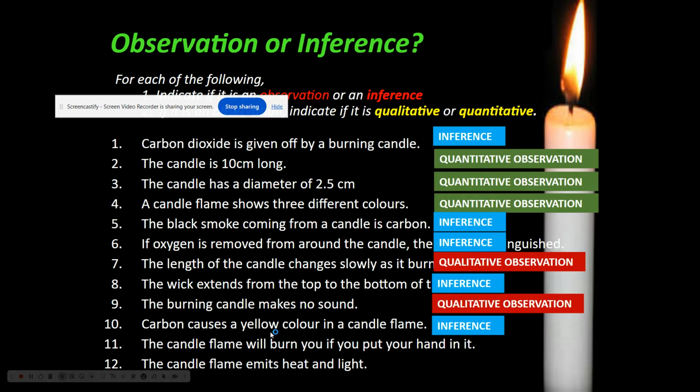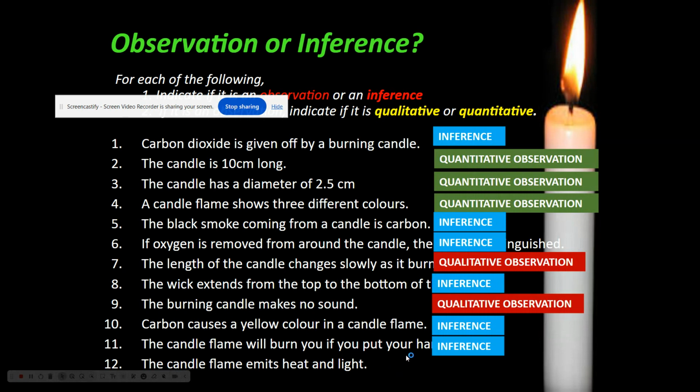So I looked at it as there's a yellow color in the candle flame. That would have been a qualitative observation, but really the way the statement should have been read, and it was tricky here, is the inferencing we're making is that the carbon is causing the yellow color. We don't know if it's a carbon, we're inferring that it's a carbon.